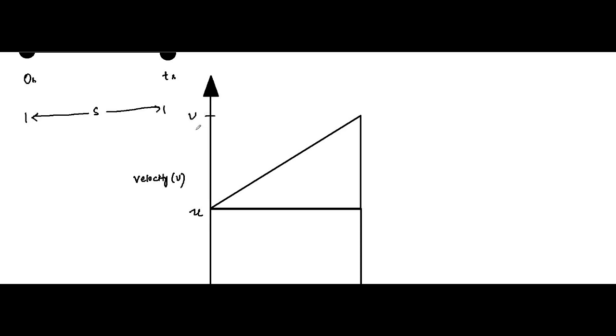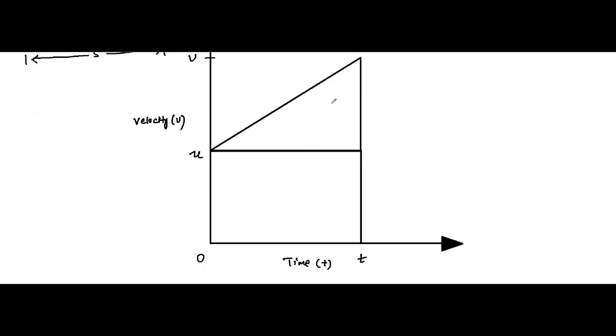So let us mark these points. This one is O, origin, let this one be A, let this one be B, let this one be C, this one be D, and let the slope of the velocity time curve be theta.